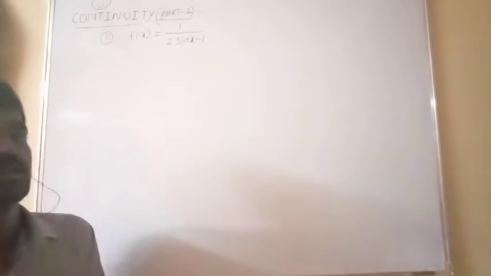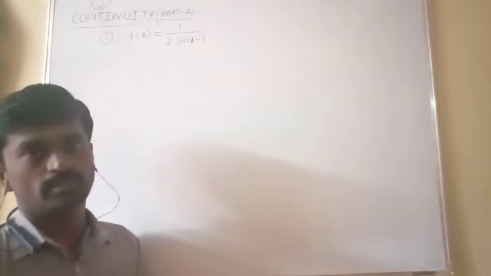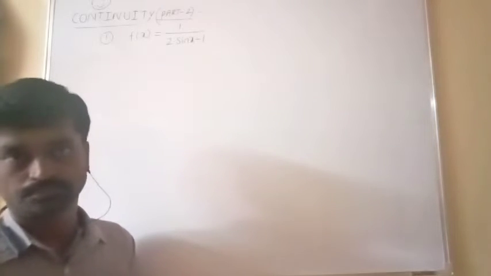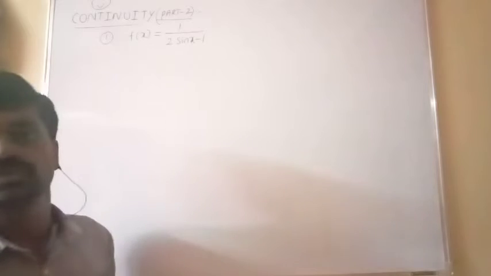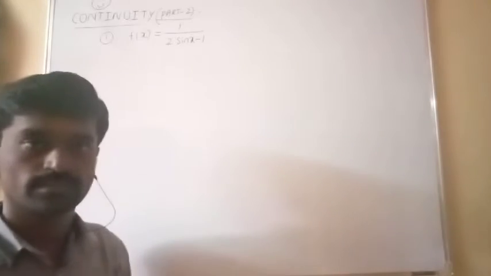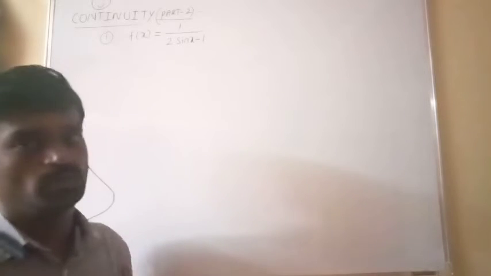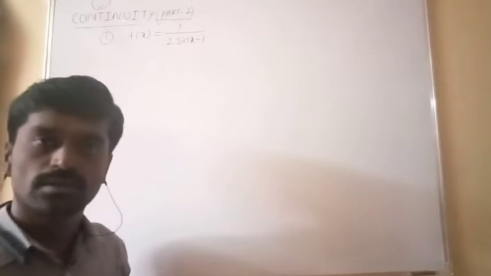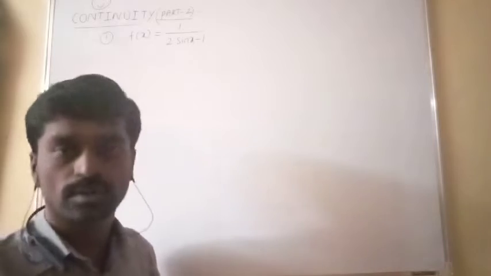So basically 2 sin x minus 1 is a continuous function at every real number. But here it is 1 upon 2 sin x minus 1. So clearly this function is continuous in its domain only. That means it is discontinuous at the points where it is not defined.